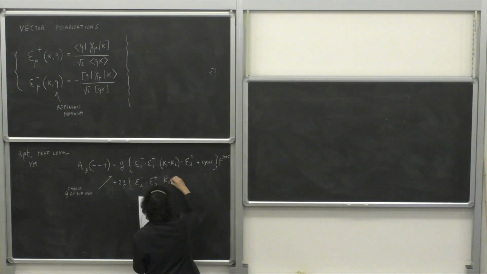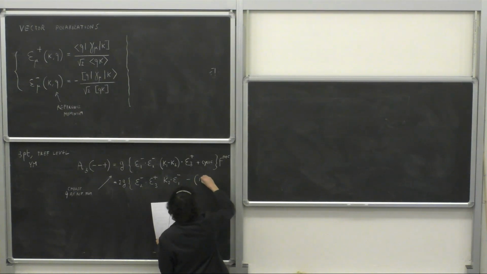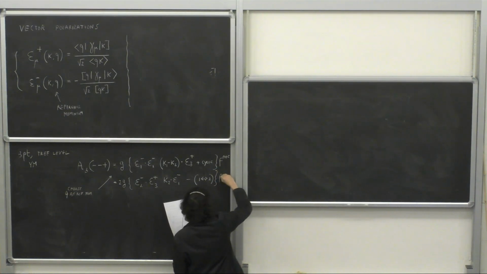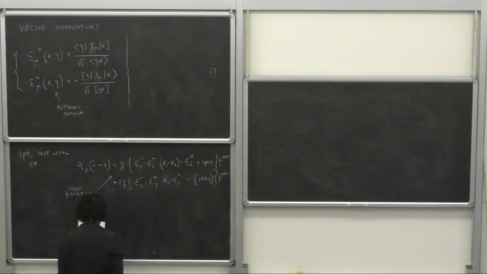So here I have a k2 dotted into epsilon 1 minus, and the other piece I write as minus. You can see explicitly this is obtained by flipping the 1 and the 2. And this is again multiplying an f^{abc} structure constant. All right, very good.